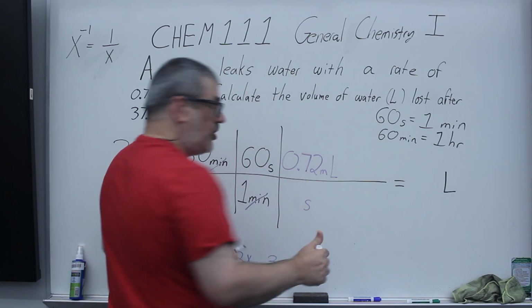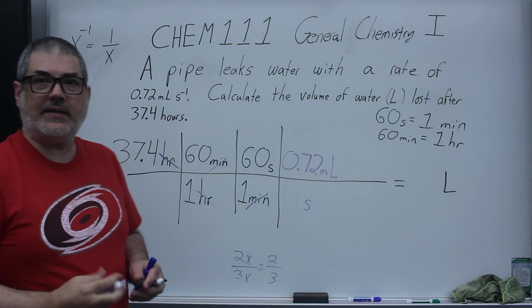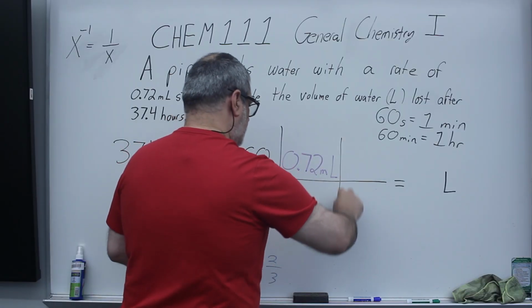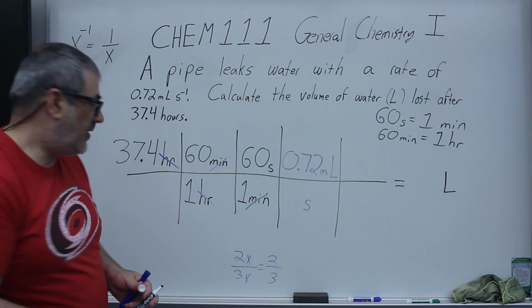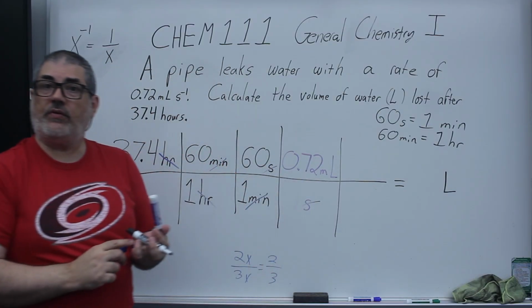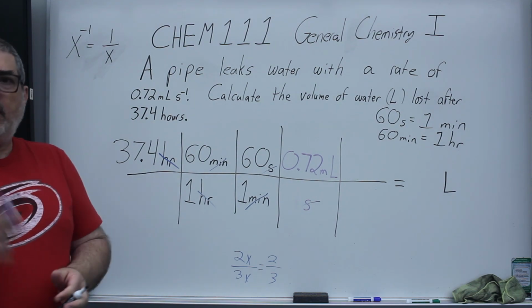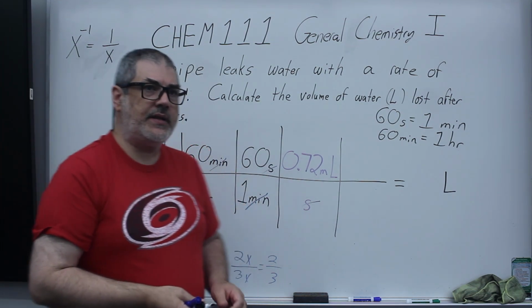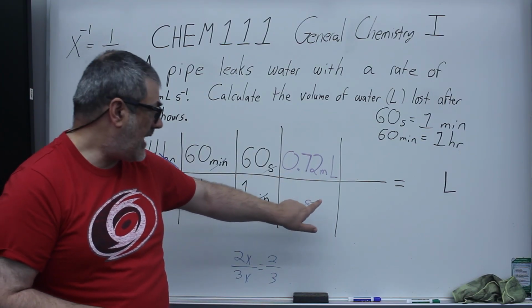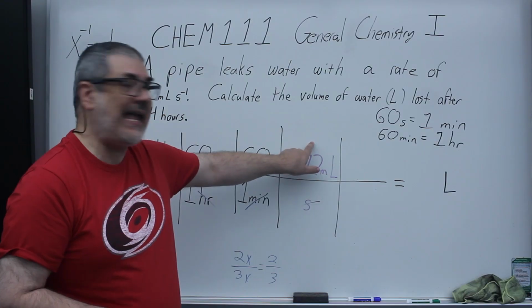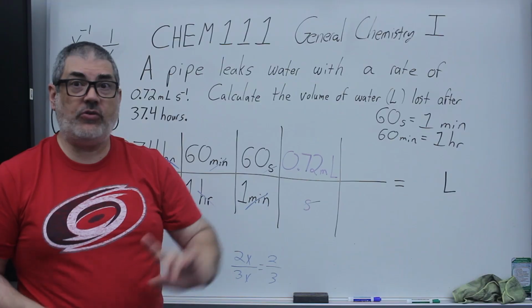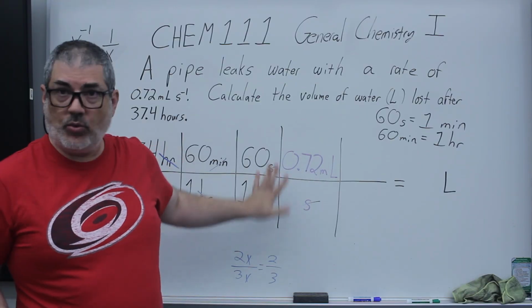Actually, you can put the 1 in there or not, it doesn't matter. Look what happens to the unit of measure for second: it cancels. Here's something very important in dimensional analysis. If I took 0.72 and divided it, I would have milliliters down here and seconds up there. The units wouldn't cancel. That's the red flag. That tells you, wait a minute, I need to stop and reevaluate this.